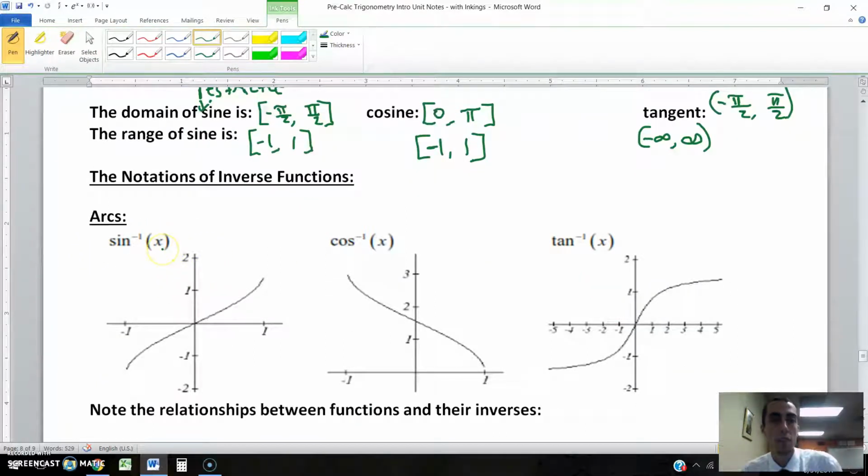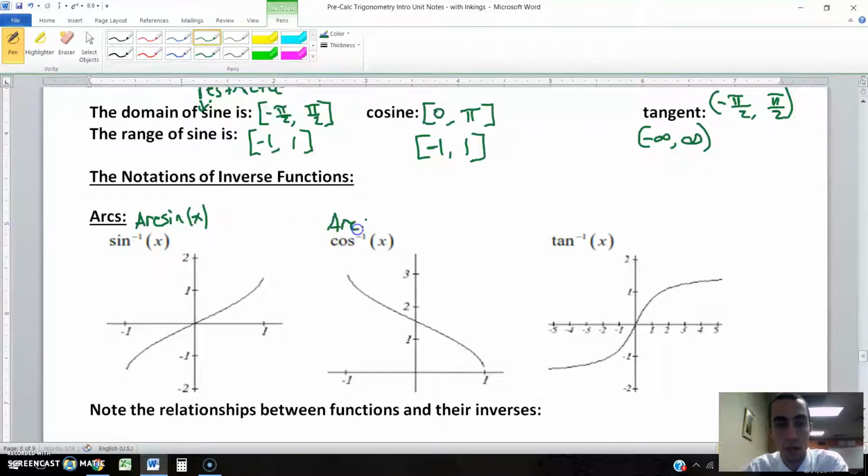Now we have the graphs of each of the inverse trig functions. Inverse sine uses the symbol sine but with a -1 exponent. It means sine inverse. Sometimes you'll also see arc sine, and that means the same thing as sine inverse.